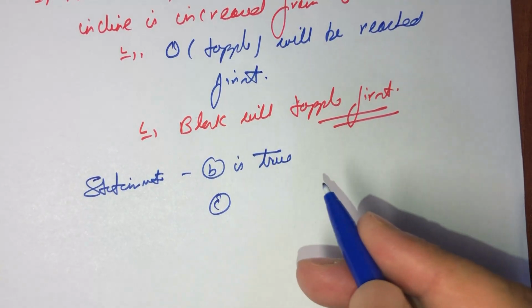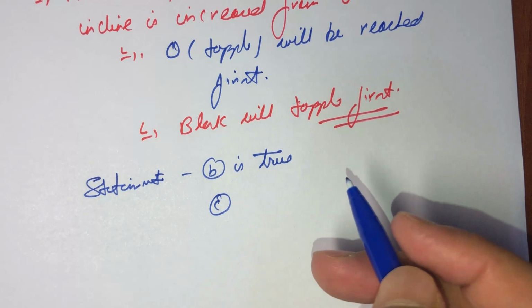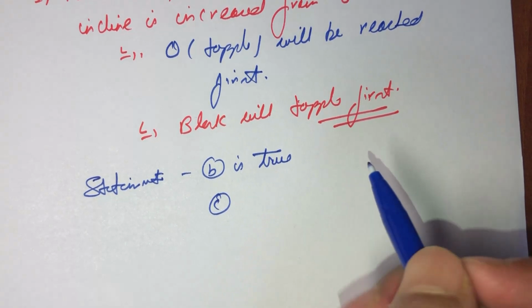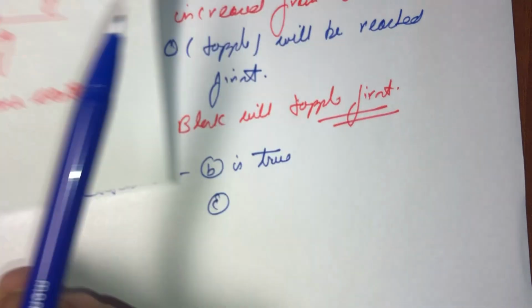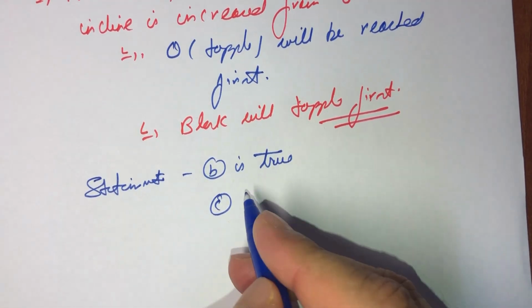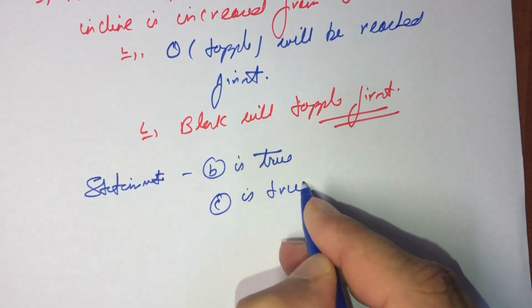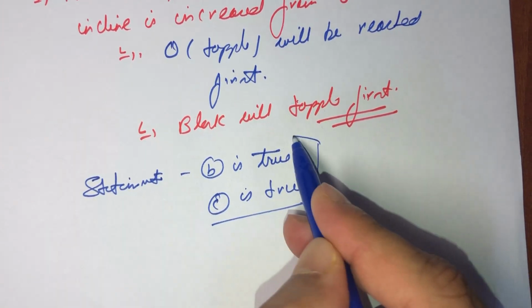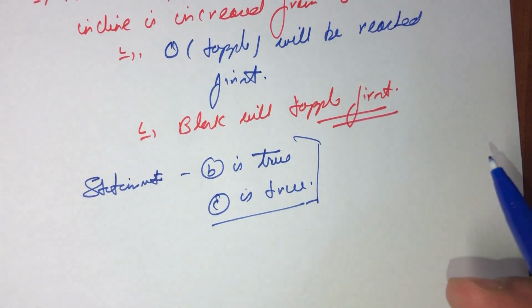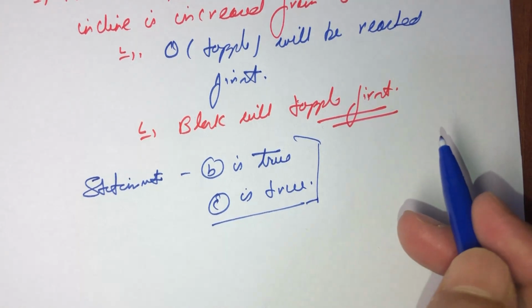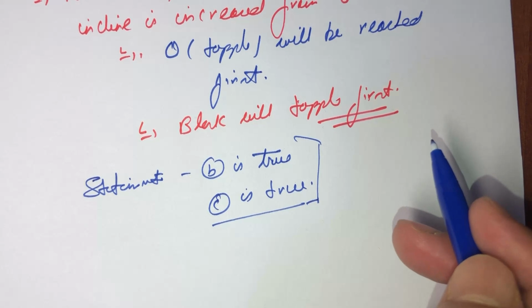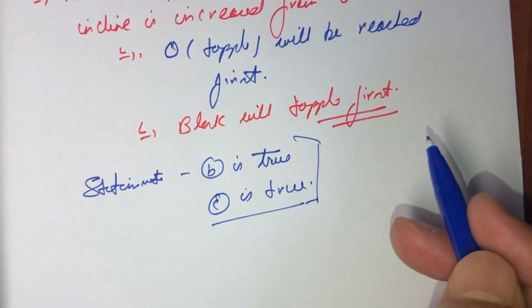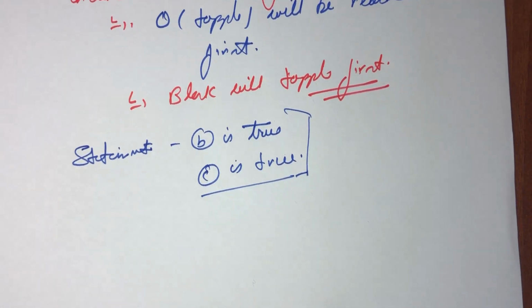C states that at theta is equal to 60, it starts sliding down. So we already proved that at theta is equal to 60, it starts sliding down. So C is also true. So we have these 2 statements which are true, and the rest, statements A and D, are both false. So this completes the question. Thank you.